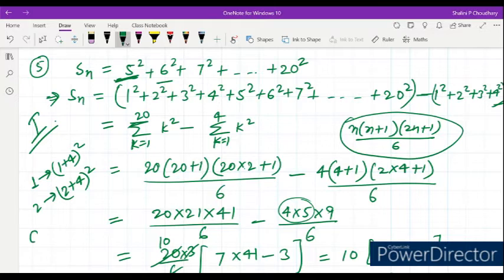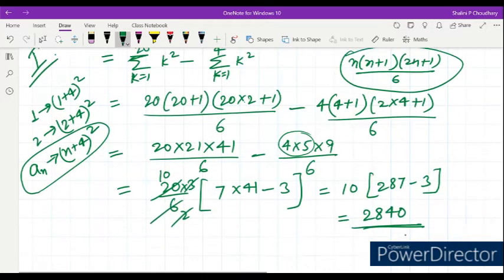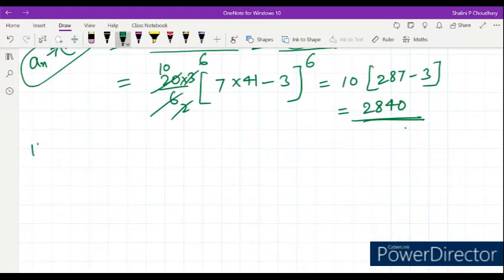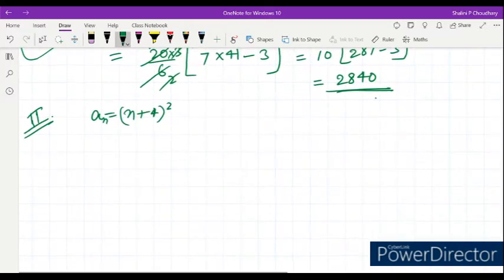So the nth term a n will be n plus 4 square. So by applying this method, we'll see another method, where a n will be n plus 4 square.